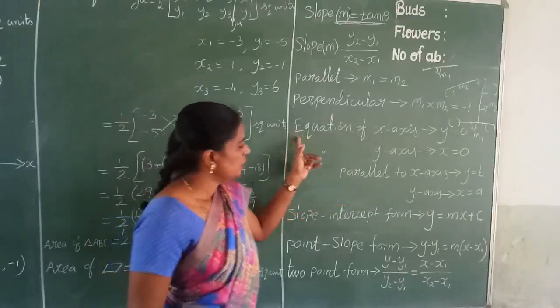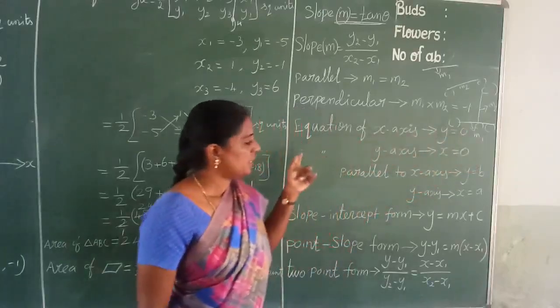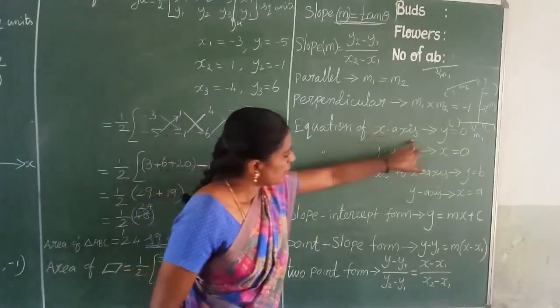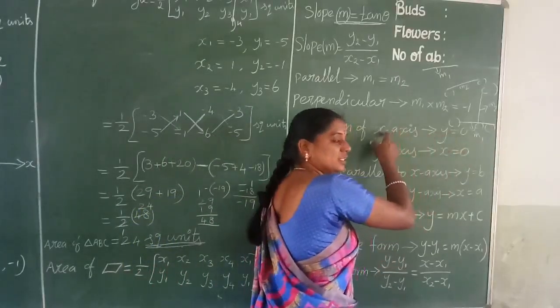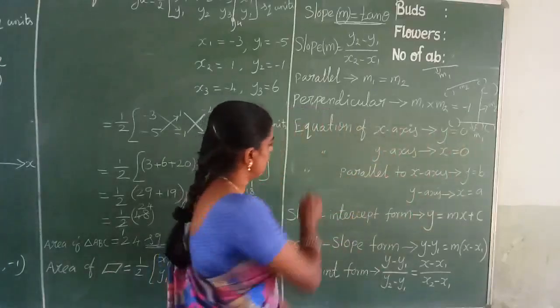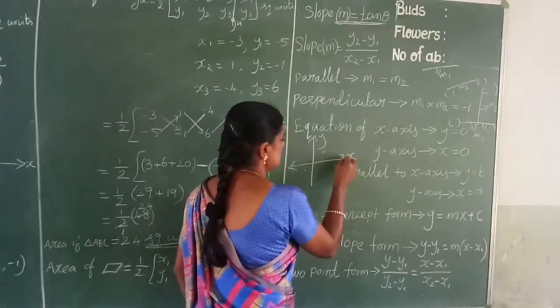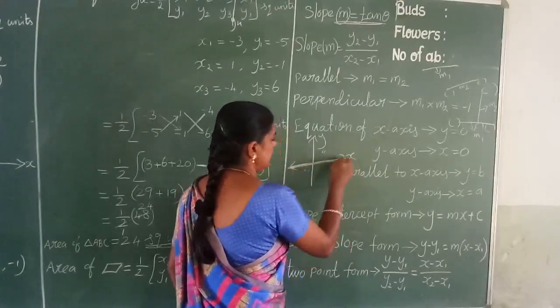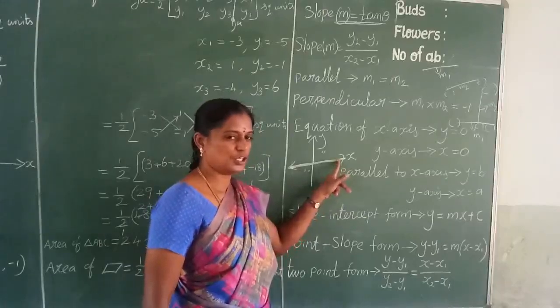What is the equation of the x-axis? Y equal to 0. On the x-axis, all the y coordinate values are equal to 0.